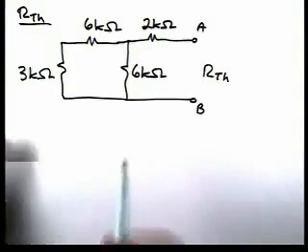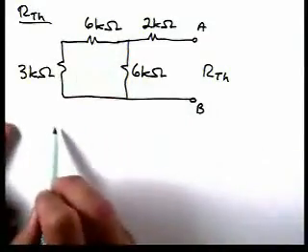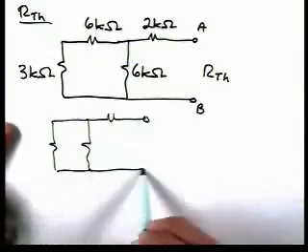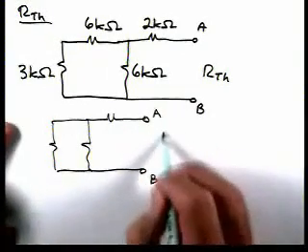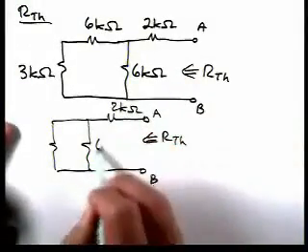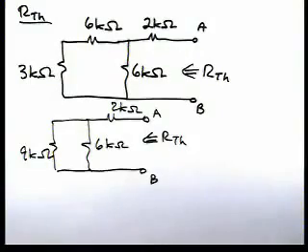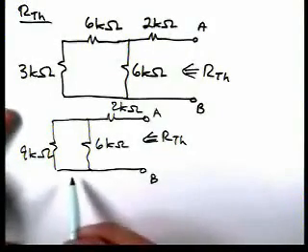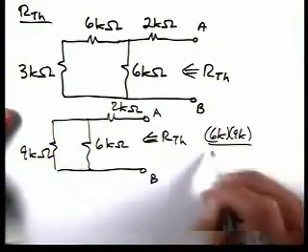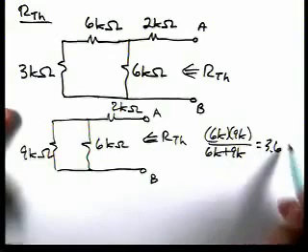We can do this by resistor combinations. For instance, these two resistors can be combined in series, and our circuit can be reduced to the following. If we take these two resistors and combine them in parallel, 6K times 9K over 6K plus 9K, that gets us 3.6 kiloohms.